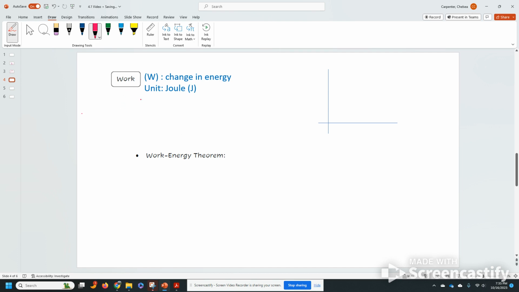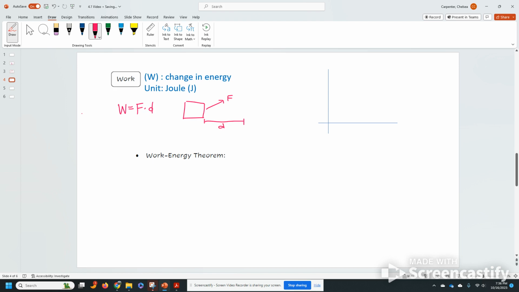One way that we can calculate work is, if we have something pushing an object, so a force, and moving an object some distance, we can figure out the work by taking the force and multiplying by the distance that something travels. Let's say I've got a block here and I'm pulling it to the right with some force over some distance.